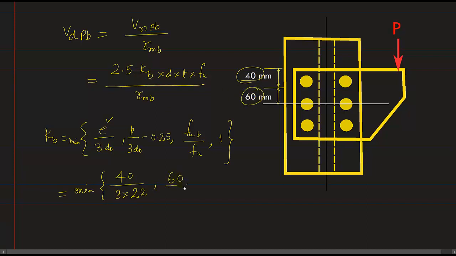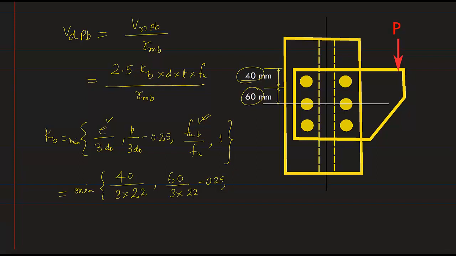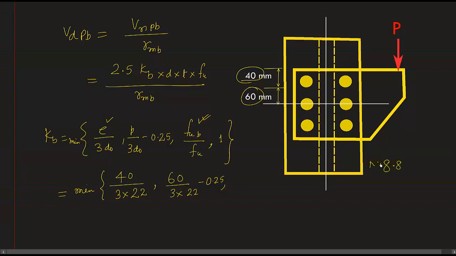So 60 divided by 3 into 22 minus 0.25, and this is for the bolt. So for the bolt we have 400. Now the Fub value for this bolt is 800 because we have a grade 8.8 bolt.